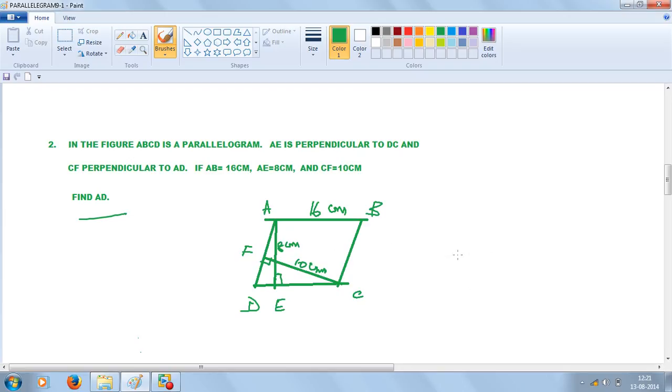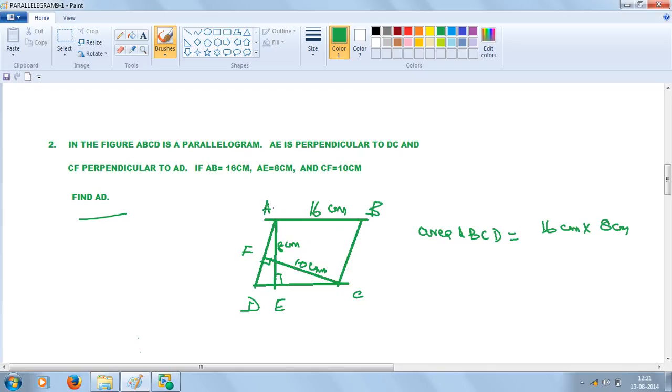So we will simply write, area of the parallelogram ABCD is equal to base into height. What is the base? Base is 16. If AB is 16, the CD is also 16. Base into height: 16 centimeters into 8 centimeters is the area.